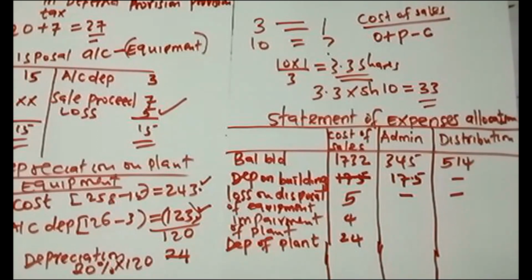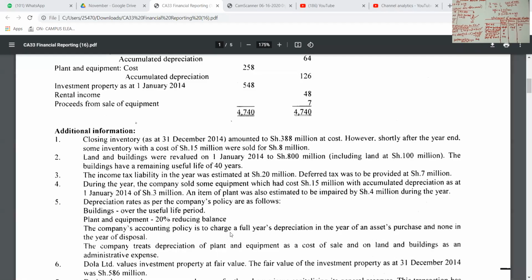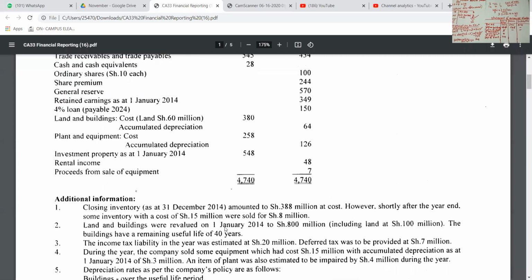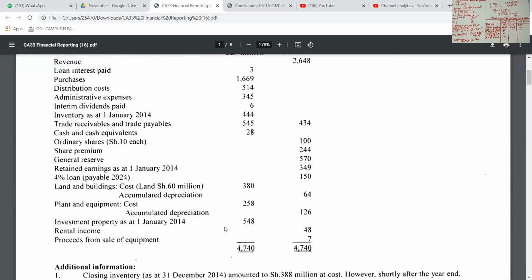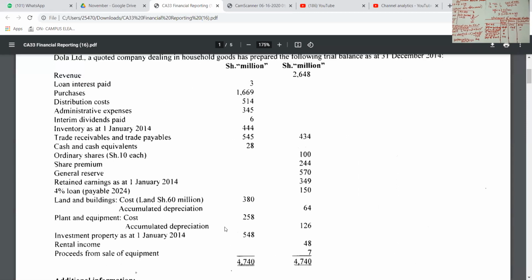Is there another expense I have not classified? I think we are done with that. So you always start with the balances brought down as per the trial balance, come to the additional information, check the expenses which are there, classify, then go back to your trial balance again and try to figure out if there's another expense which you have not classified.